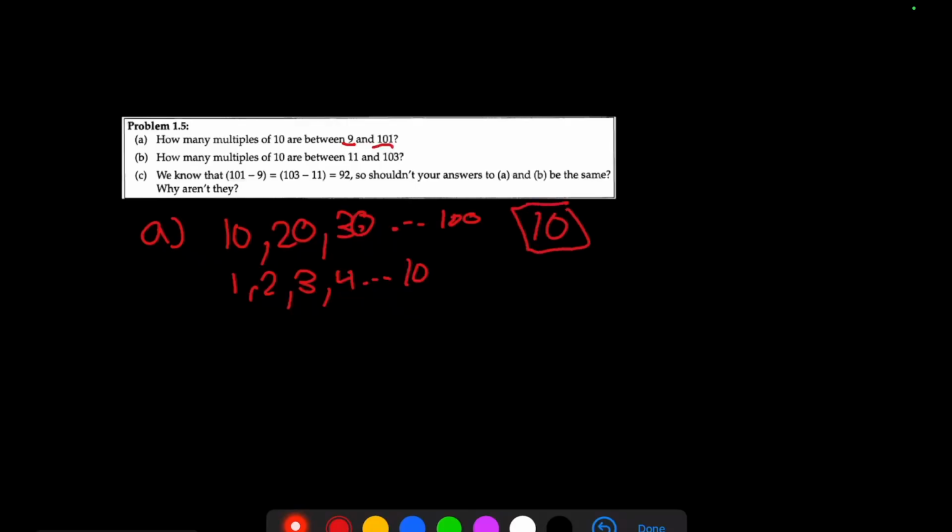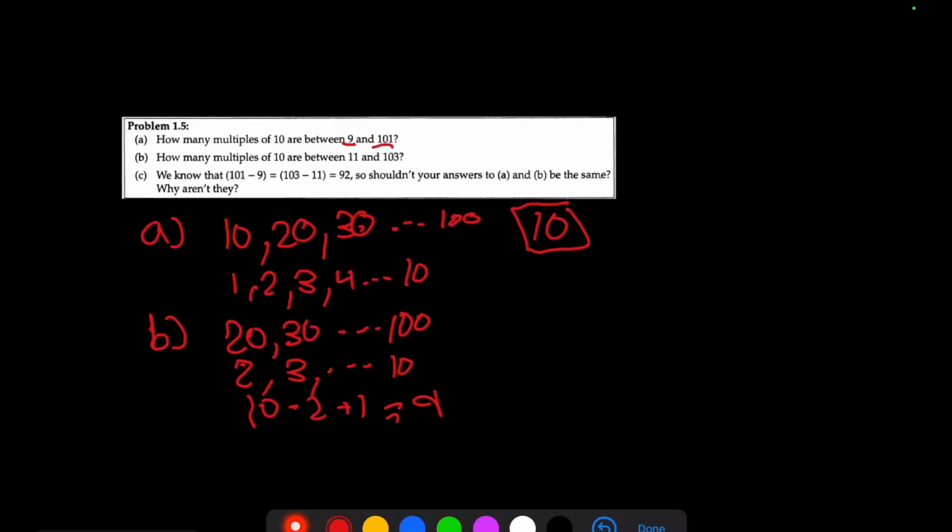Pretty easy. Now, between 11 and 101, what's the smallest? 20. What's the largest? 100. Dividing it by 10 again, you get 2, 3, dot, dot, dot, up to 10. And if you count this, 10 minus 2 plus 1 is 9. And now we got 9.